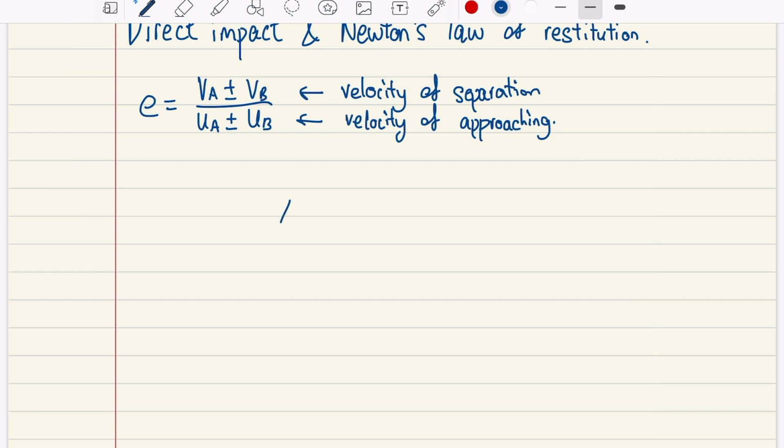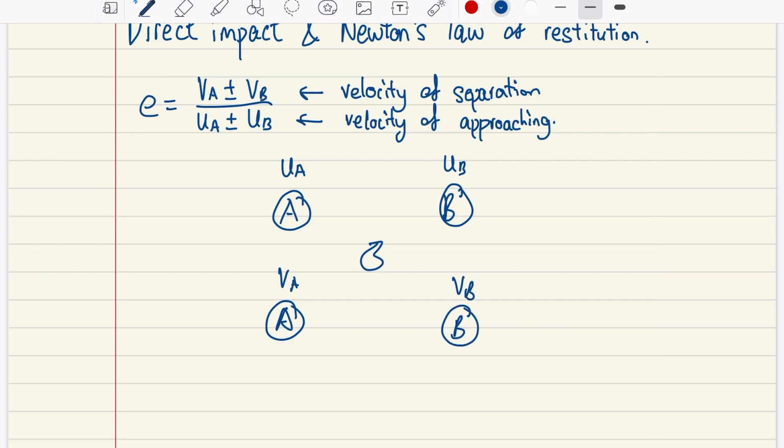Imagine we have ball A and B with velocities of uA and uB. After they collide, they have velocities of vA and vB.